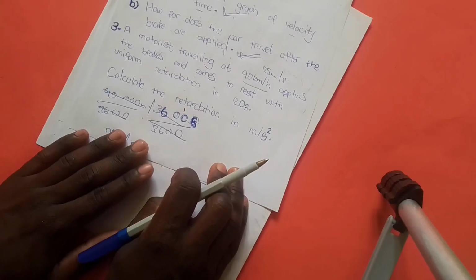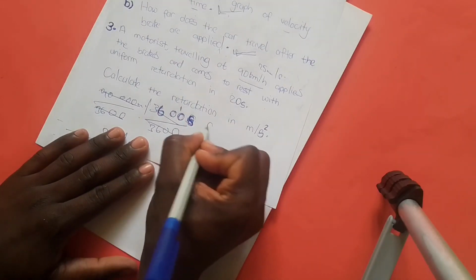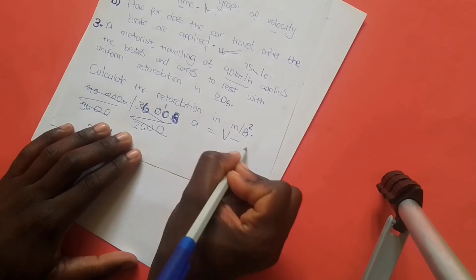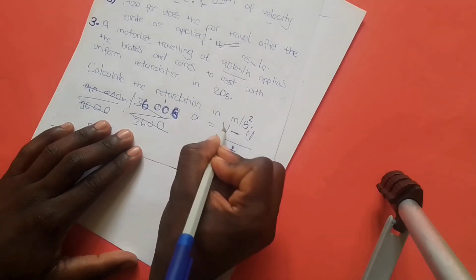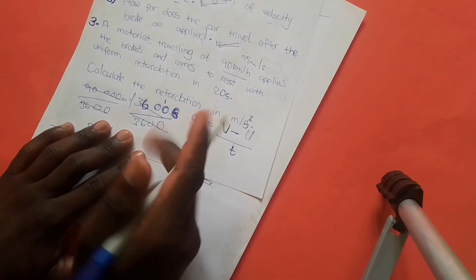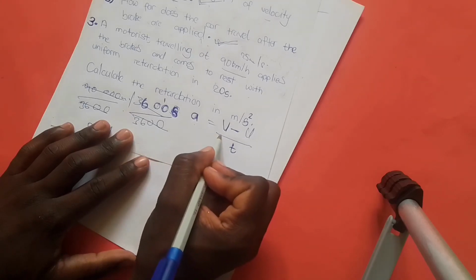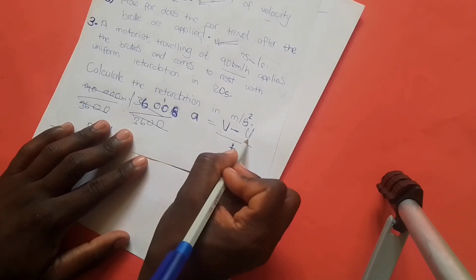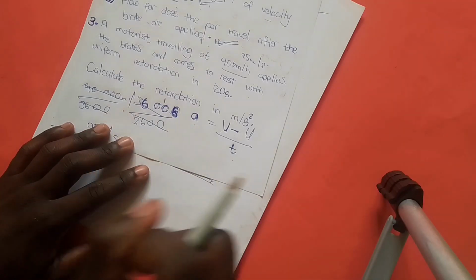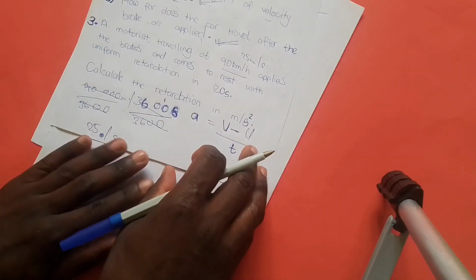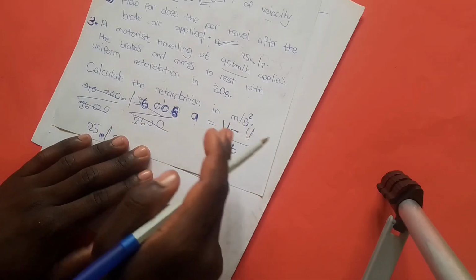From our equations of motion, A is equal to V minus U over T. Acceleration is equal to the final velocity minus the initial velocity over time. The final velocity is 0.